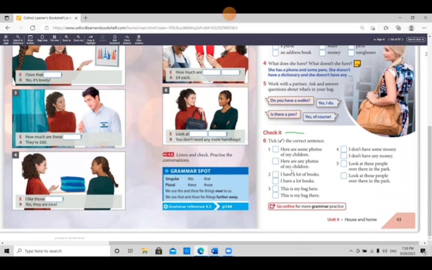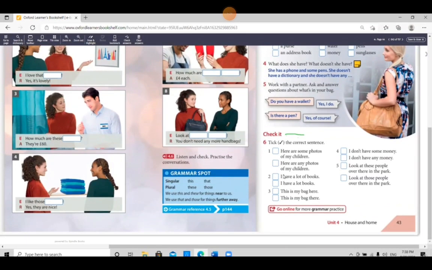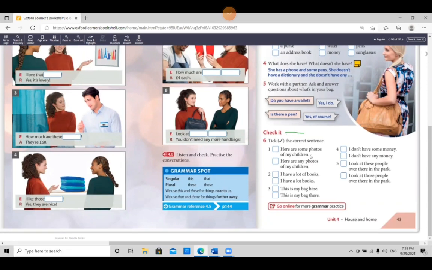Here are some photos of my children. Here are any photos of my children. Why did you choose 1? Yes, this is positive. So I select the first one because it is positive.